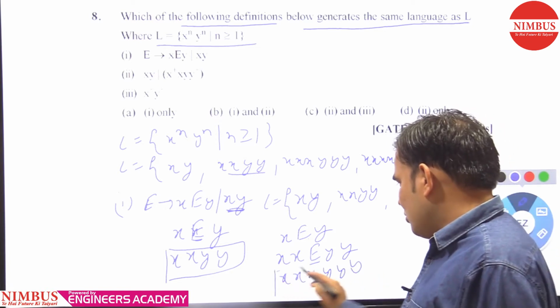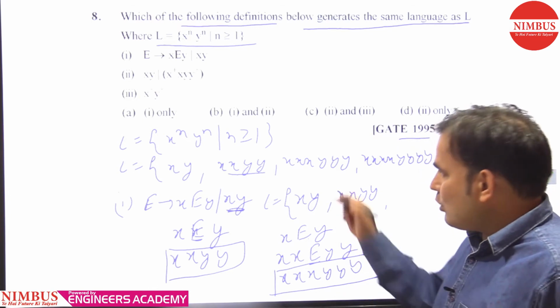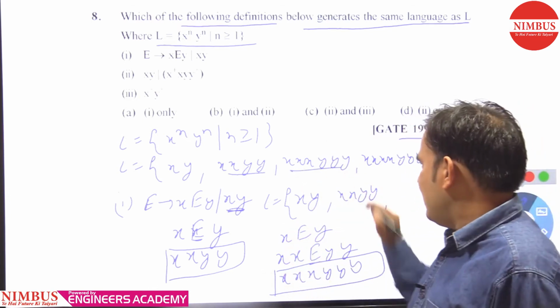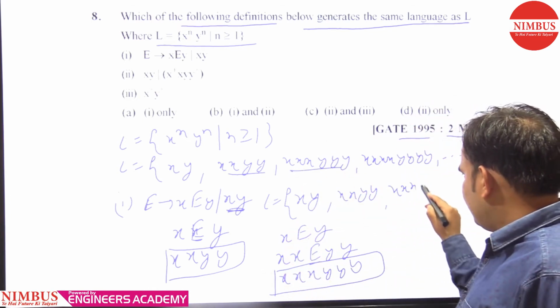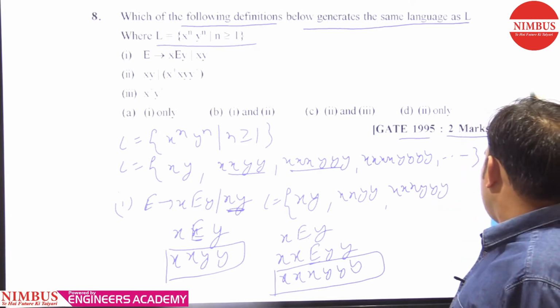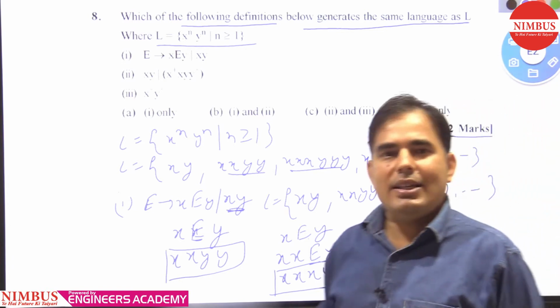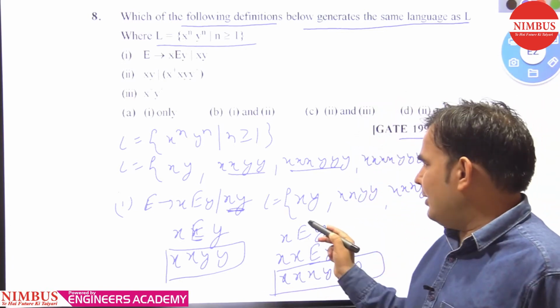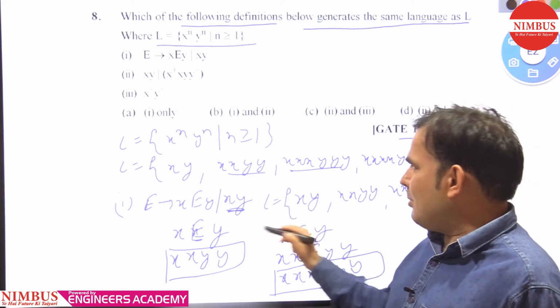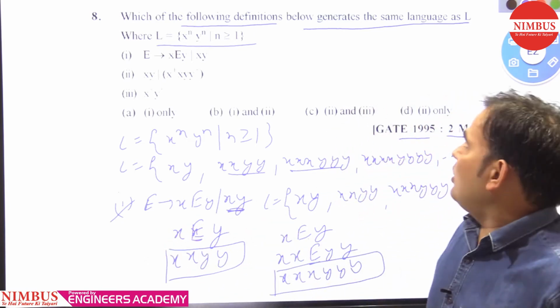Yes, it also generates the string triple x triple y, which is present in the given language, and so on and so on. So we can say that it generates a language similar to the given language. So this is true.